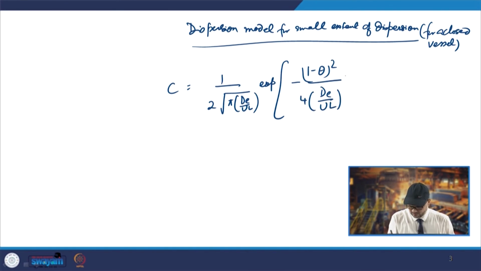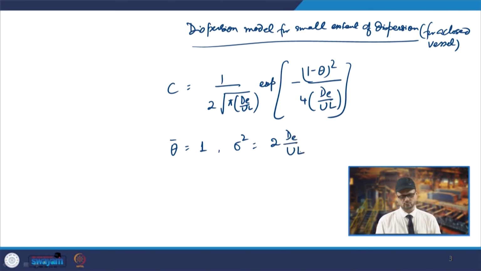That is how the concentration family curve looks, and for that the mean becomes 1 and the variance becomes 2 times dE by UL.